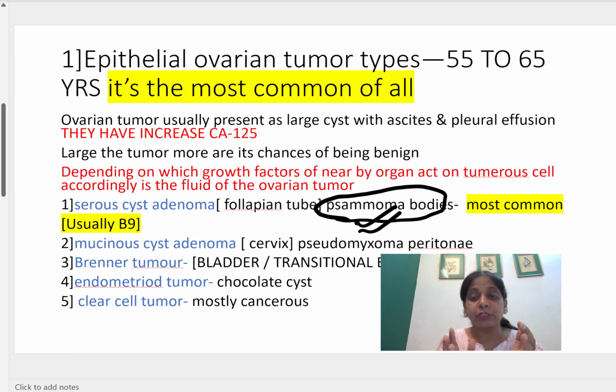In the patient of carcinoma appendix, the peritoneum synthesizes large amounts of mucin. But here the tumor was originally ovarian, it has ruptured, so the findings will be similar to that of the carcinoma appendix where myxoma peritonei is there. So the condition similar to myxoma peritonei is found here, and that is why it is known as pseudomyxoma peritonei.